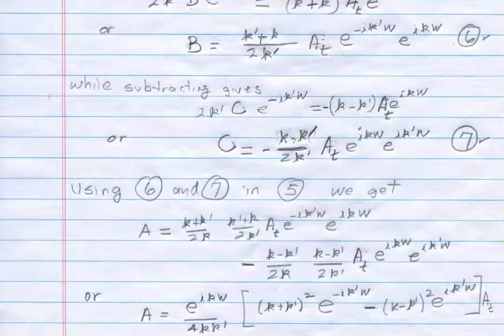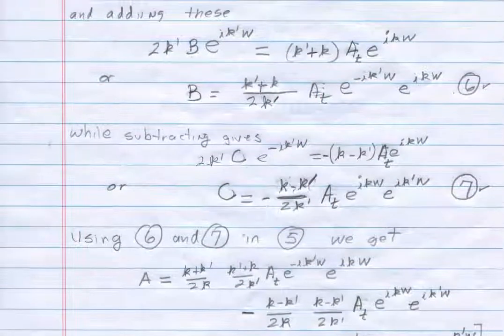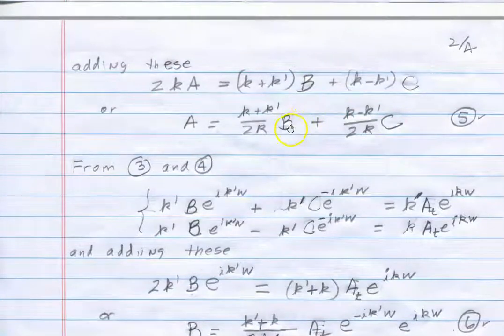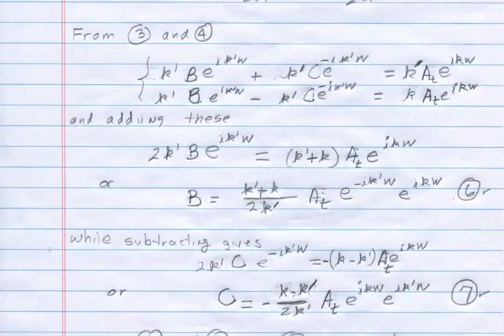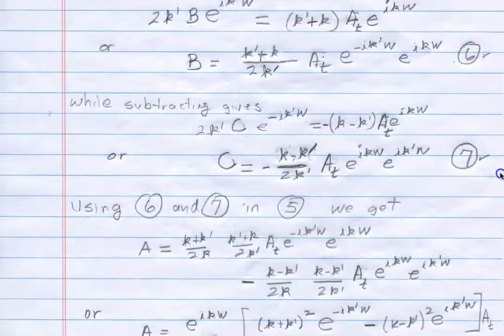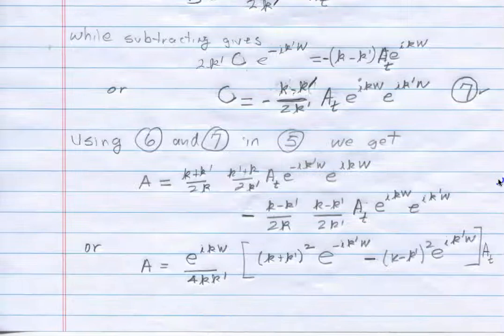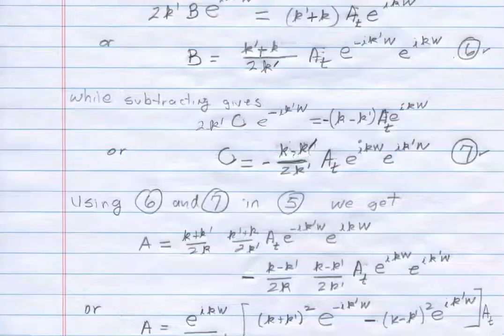So I'll plug those for B and C back up here to get A in terms of really the transmission amplitude. So plugging in for B and C, the expressions of 6 and 7, I get the following. Kind of a mess at this stage, but take a look here.